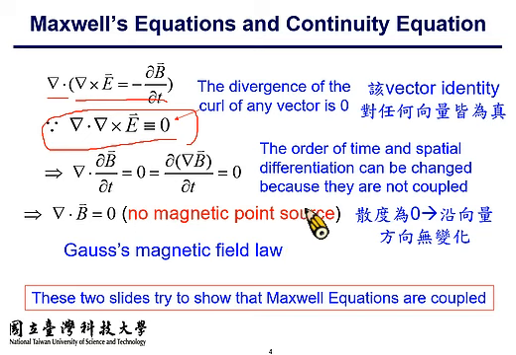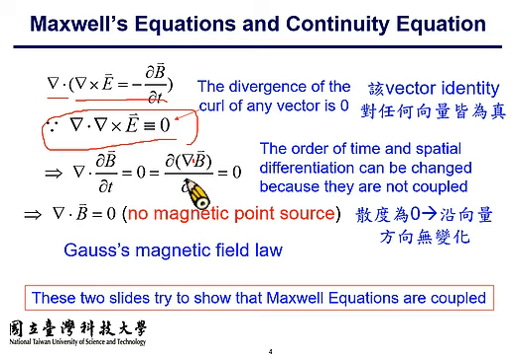I'm sorry, here we should have a divergence operator in the middle. As I said before, you can change the order of differentiation. You can take the divergence first, the spatial derivative, and then take the time derivative.